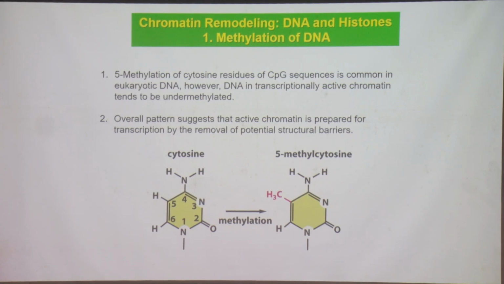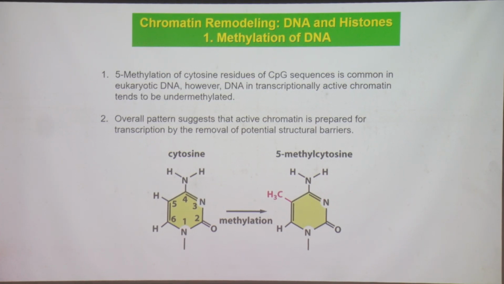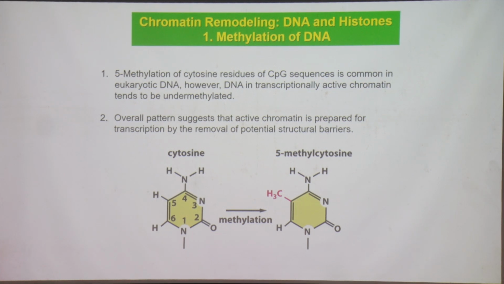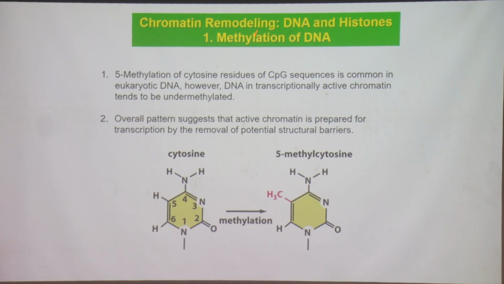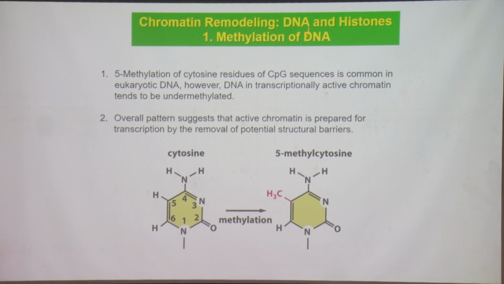So what decides that some part of the DNA should be closed and some part should be more open? That's where epigenetics comes into play. DNAs undergo modification. The most common modification is methylation of DNA. This is cytosine, and cytosine can get methylated at this position here. I will tell you the consequence of methylation.